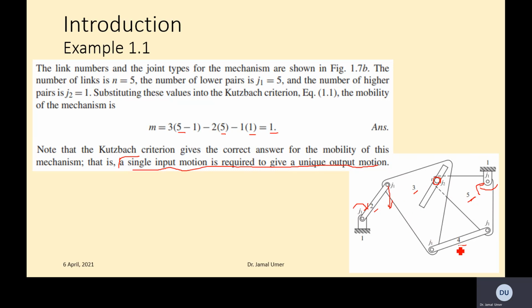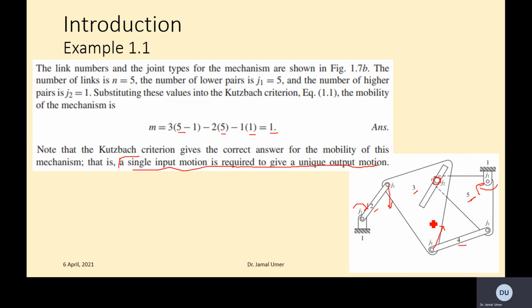What does this mean? This one moves up, and so the whole mechanism will move if I move at this particular point. So, single input motion. Now, instead of moving this part, I move from here, for example this part. What happens?